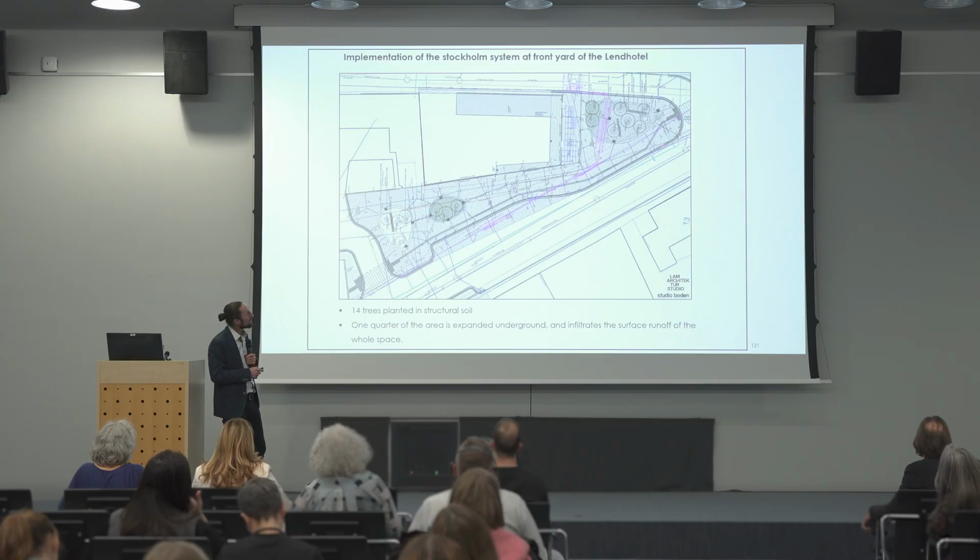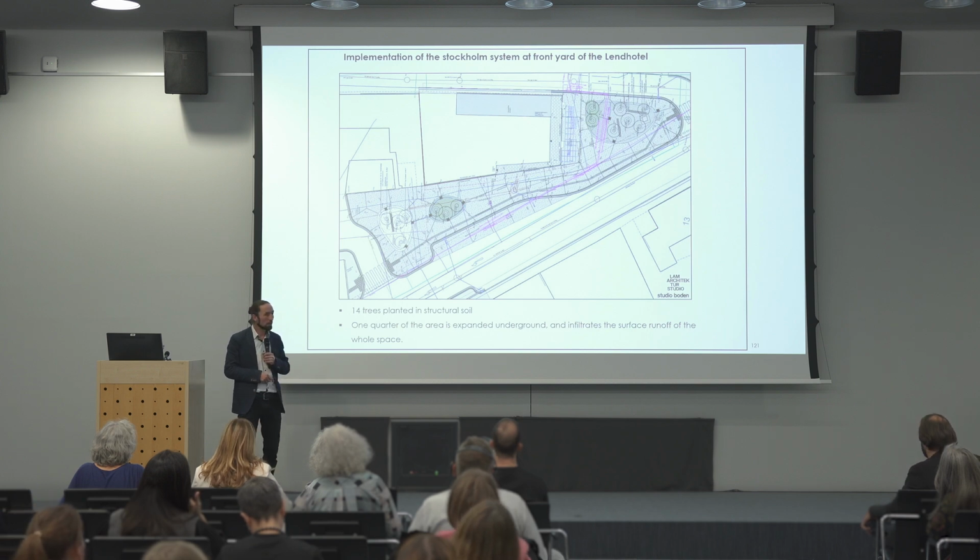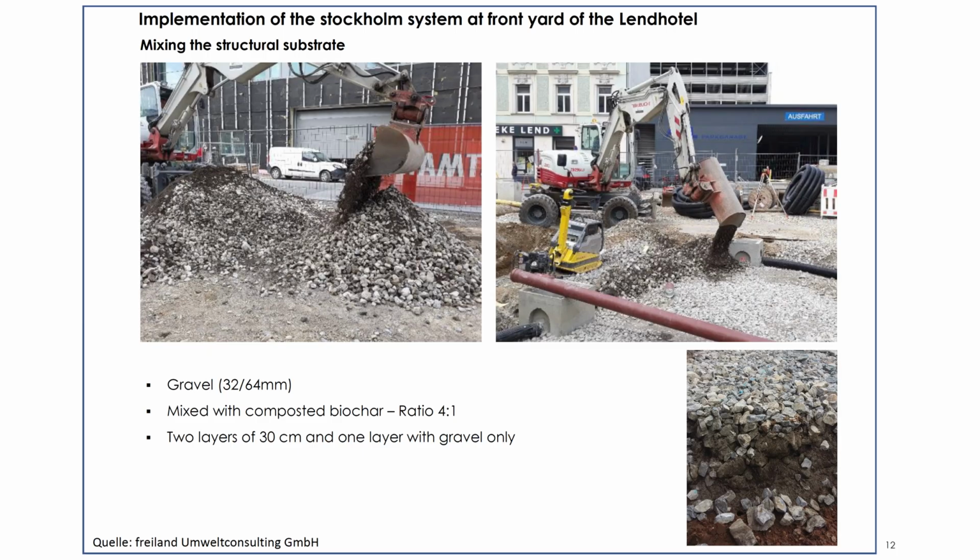So I said, okay, then let's try it out and let us infiltrate all this water in this rootable underground, and then we don't need the system, and don't make on the one hand the infiltration system for the sewage water for the runoff, and the trees on the other hand, and this should be summarized.